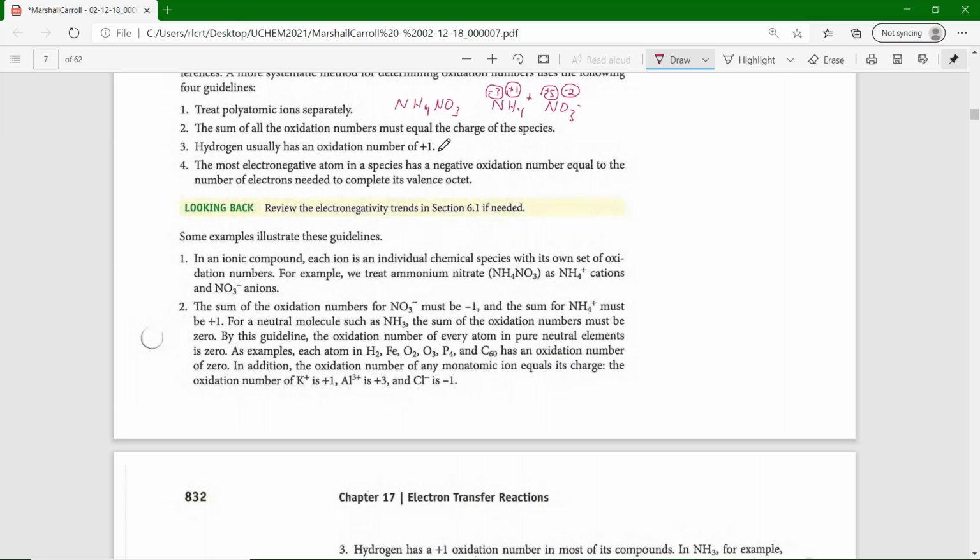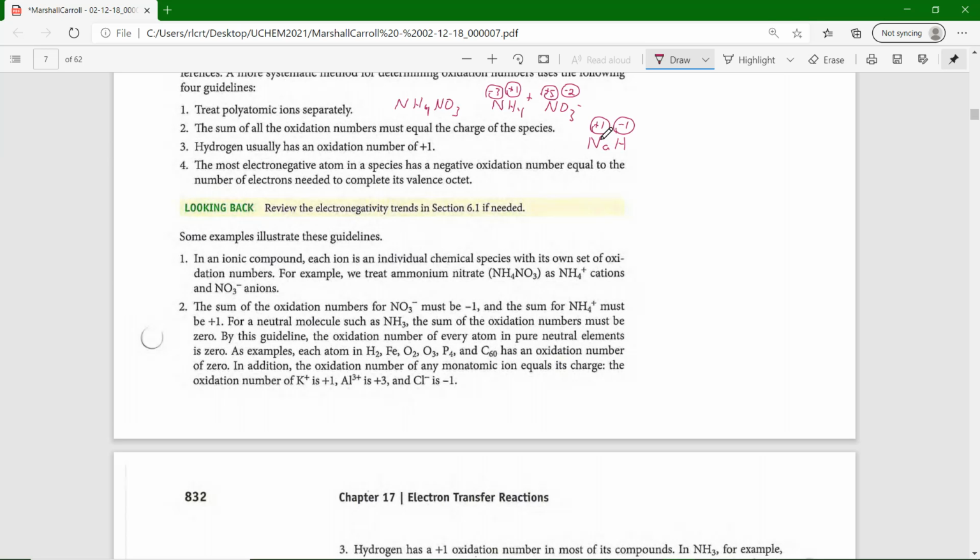Hydrogen usually has an oxidation number +1. When wouldn't it? If you have a binary metal hydride, then it isn't, like sodium hydride. Sodium, alkali metal, likes to be +1 for the oxidation number, and that priority is more important than the hydrogen +1 rule.